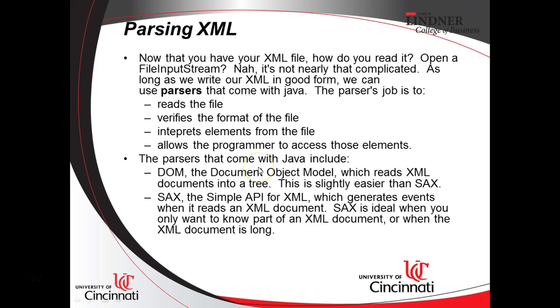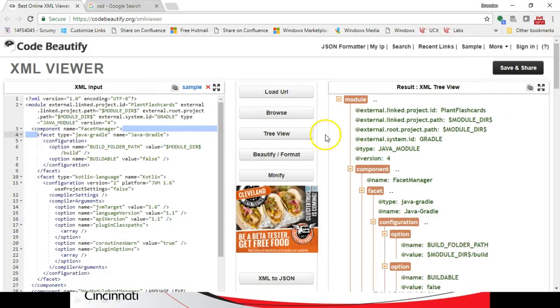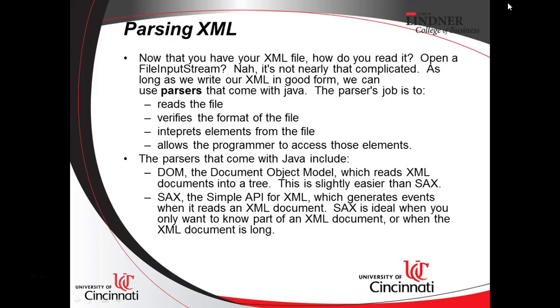Another common way to parse is called SAX. With SAX parsing, what we do is we simply read each element of the document and we fire an event each time we see an element. So module, component, facet, configuration, option, so on and so forth. Each of these are elements, and we're going to fire off an event each time we hit one of these elements. Now, as programmers, we will typically write what's called a handler.